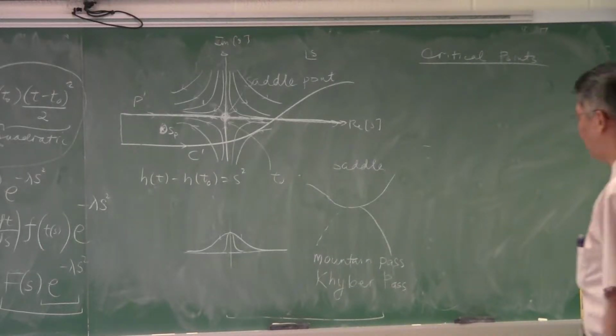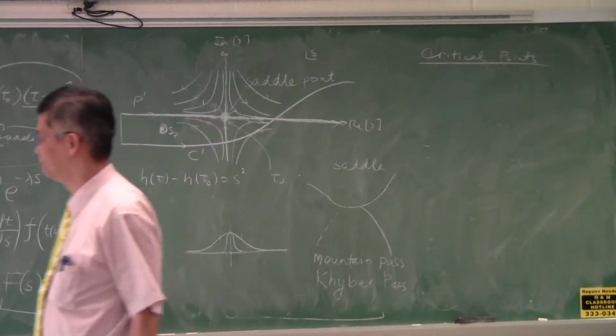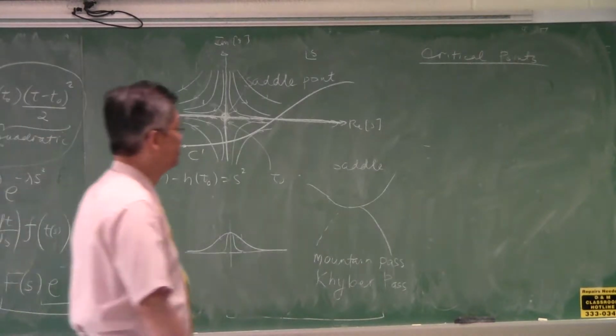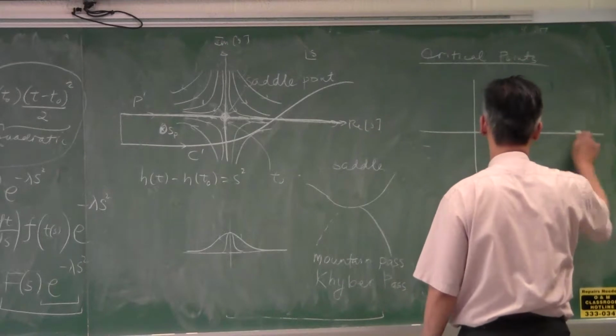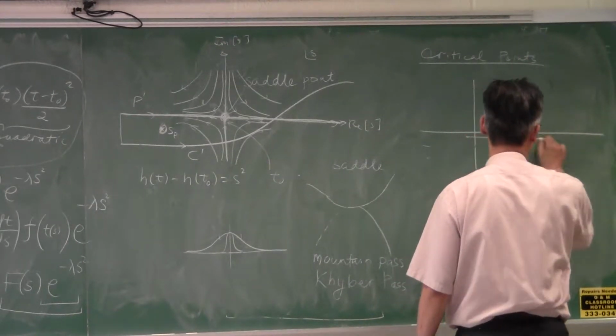Okay. So what happens if I have, say, a semi-infinite integral? How do I identify the critical point? Say I have an integral that is going like this, semi-infinite.